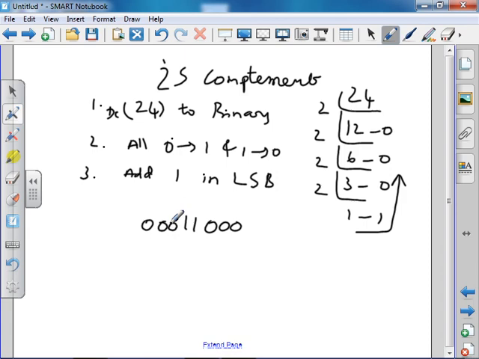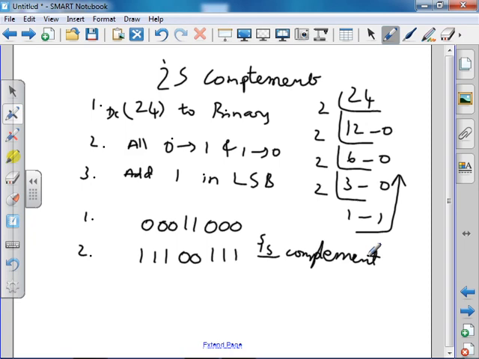I am going to convert all the numbers, zeros into 1 and ones into 0: 1 1 1 0 0 1 1 1. So I got the one's complement number.